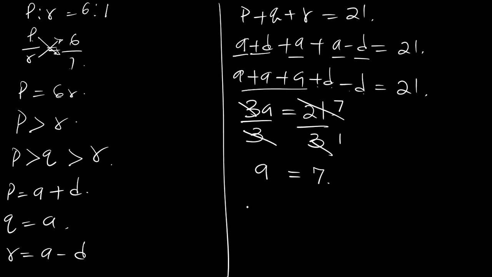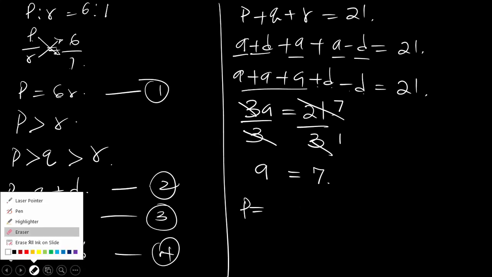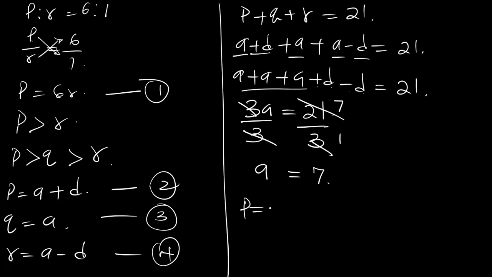That means we have, let me call this equation 1, equation 2, equation 3, equation 4. Now it means that P is equal to 7 plus D, because A is equal to 7, and Q is equal to 7.